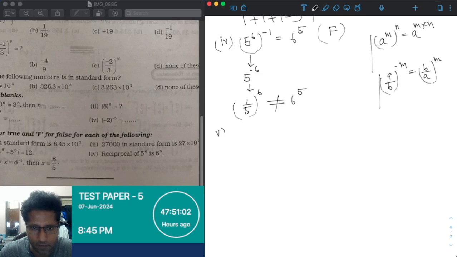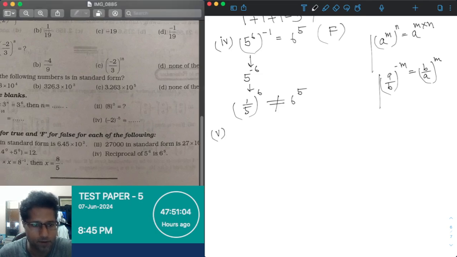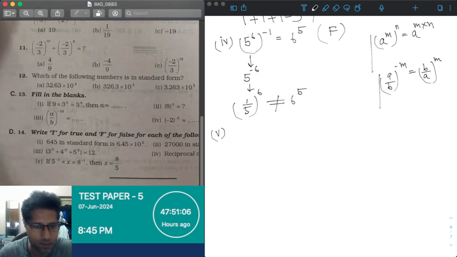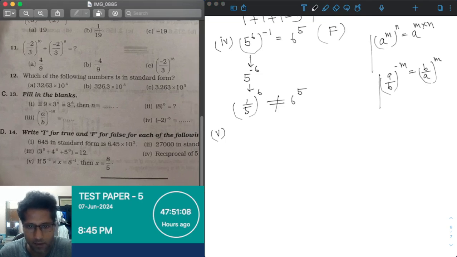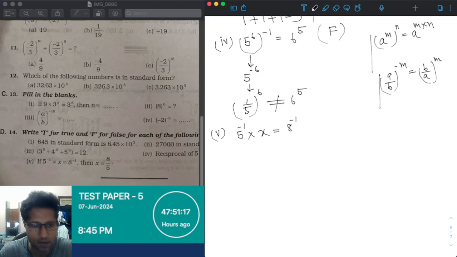What is 5? Part 5 says, do we have any question? No, this is the last one. So 5 says that if the reciprocal of 5 multiplied by x equals the reciprocal of 8, then it is given that x is equal to 8 by 5. Let's see.